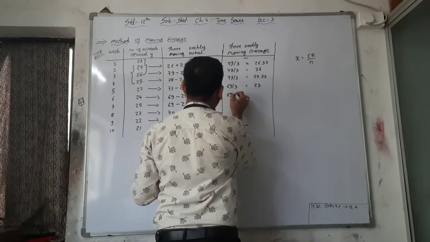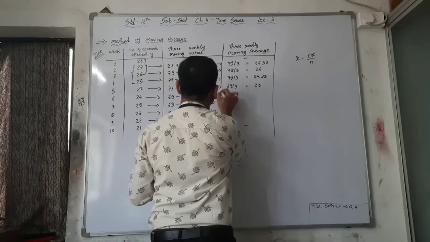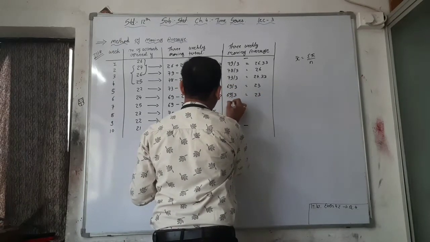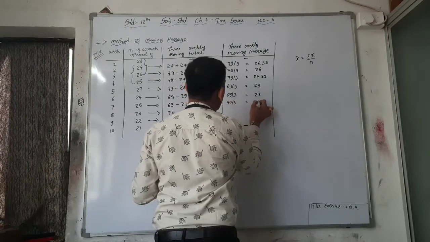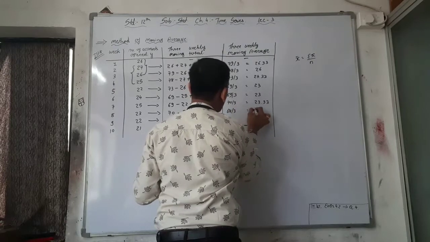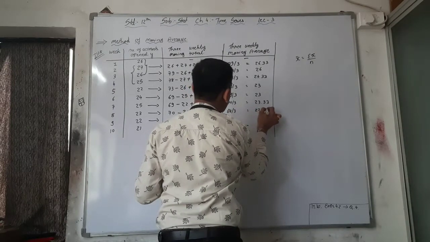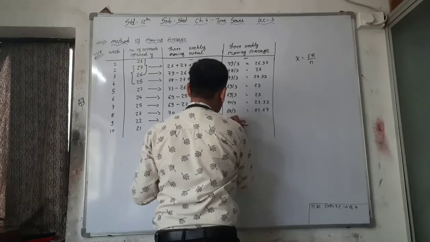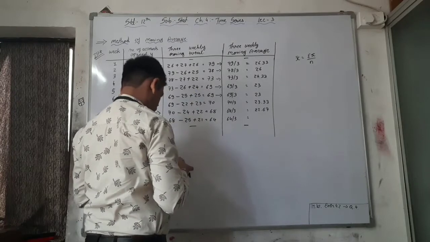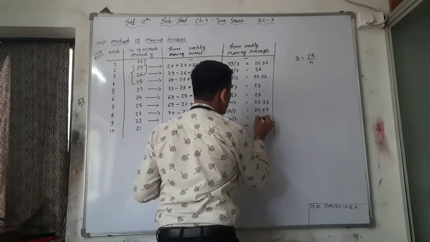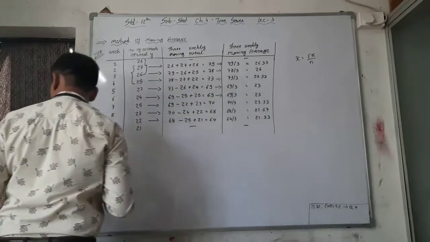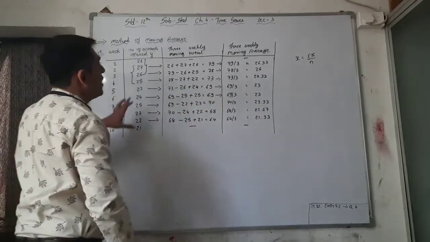Again 69 by 3 is equal to 23. Then 70 by 3, 23.33. 68 by 3, 22.67, and 64 by 3, that is 21.33. See here, we have to find out the 3 weekly moving average.